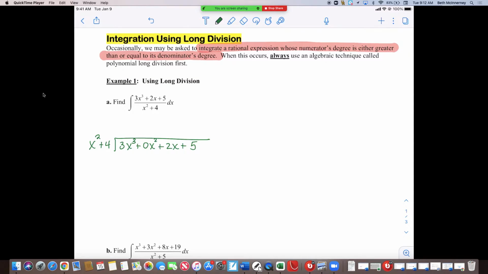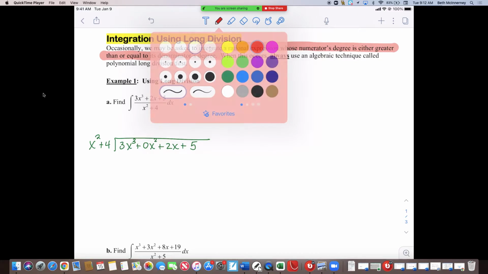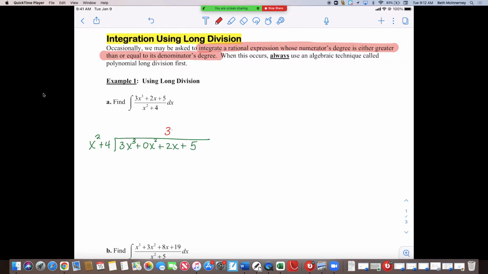So try to be careful. All right, so I'm getting 3x plus a remainder of negative 10x plus 5 over x squared plus 4. Are you getting that?